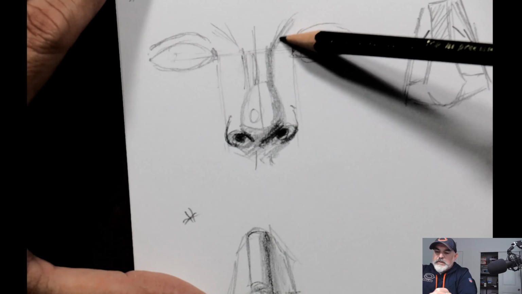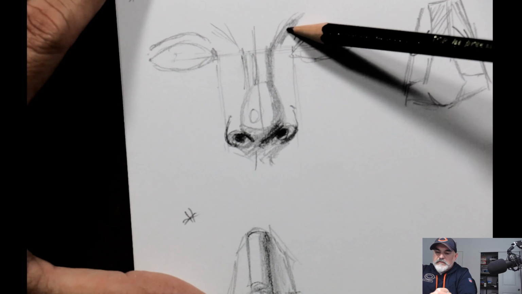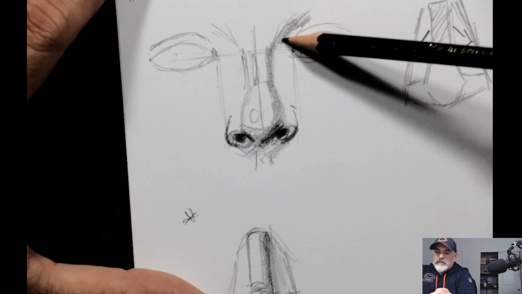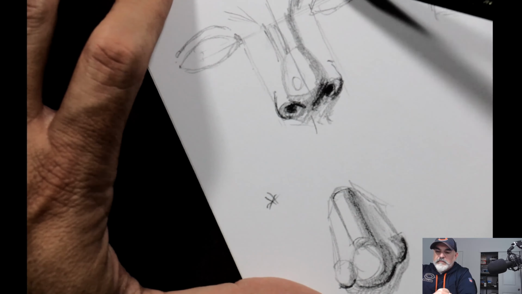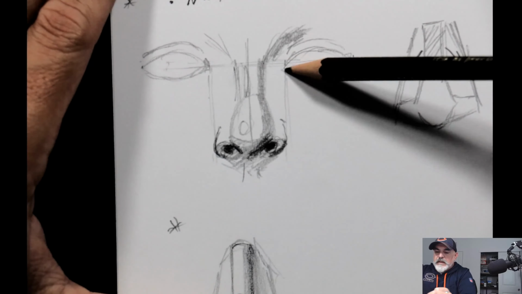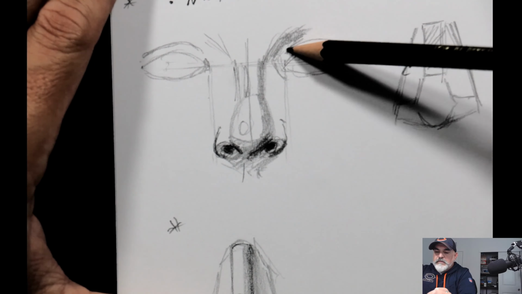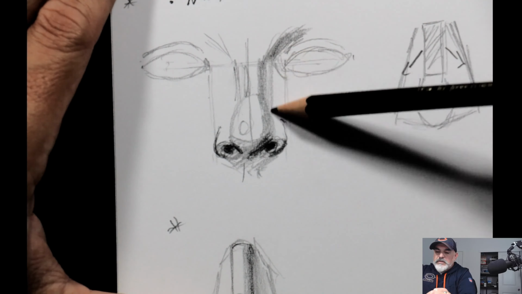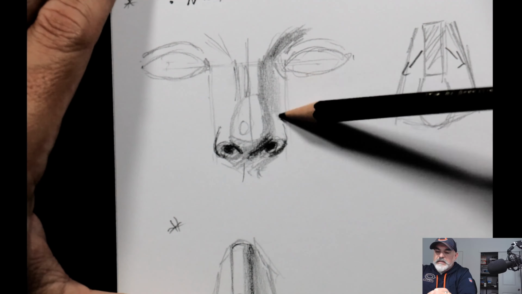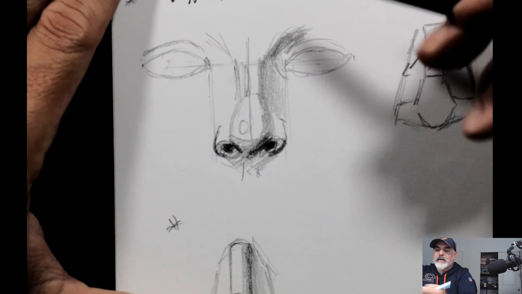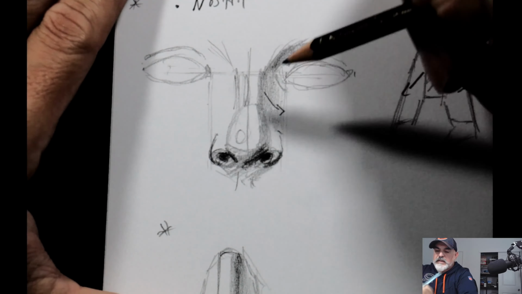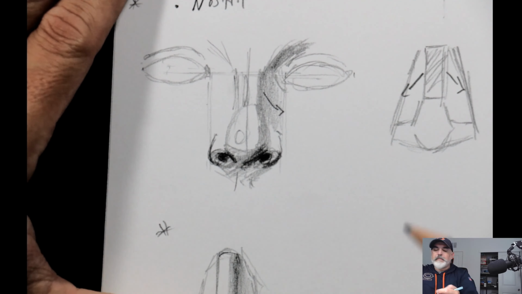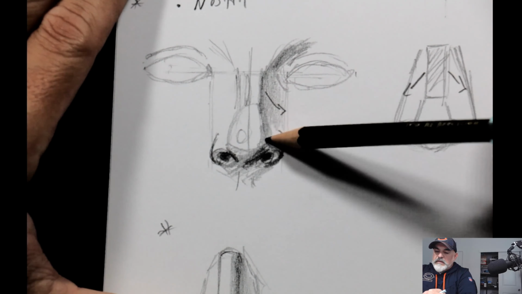This is going to go into this shadow here. And then it's going to fall into where our cheek is. And this is the angle going down. So this is that angle going down, right?